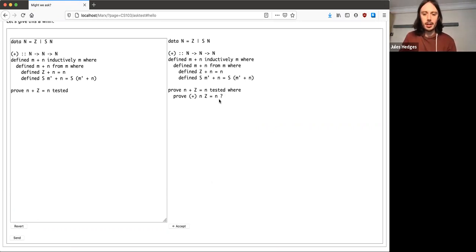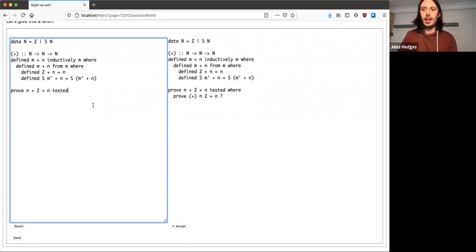What's happening here is we actually need proof by induction to prove this. And this is a consequence of the fact that we've defined plus this way round with from on the first variable. So if we had chosen to define plus the other way round, which is also possible, then this proof would be easy and the first proof would need a proof by induction.